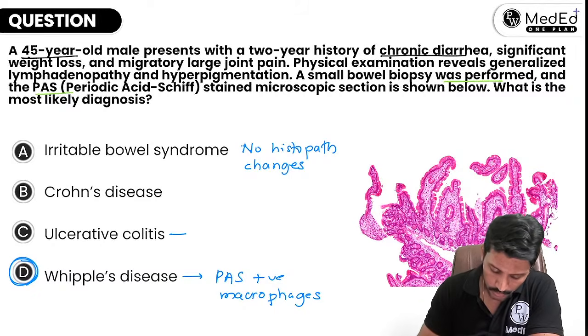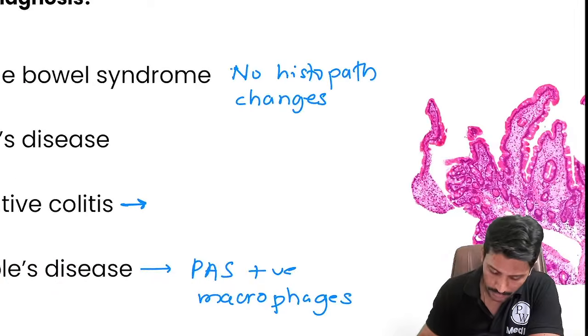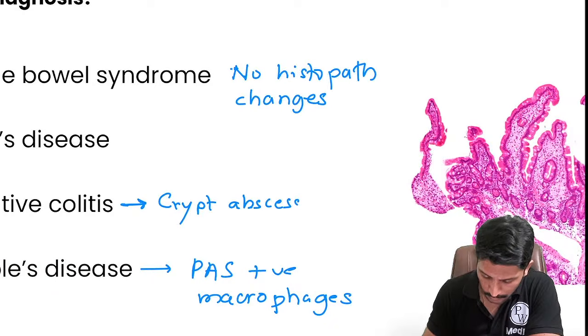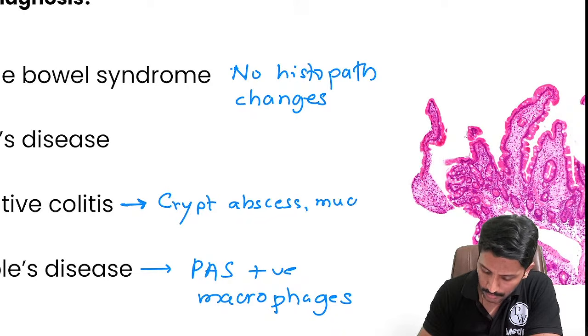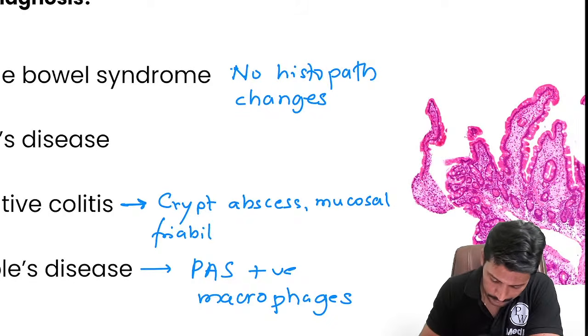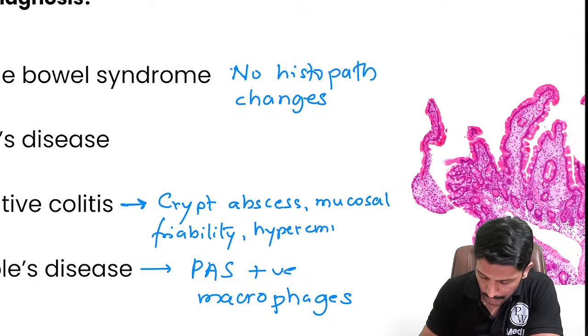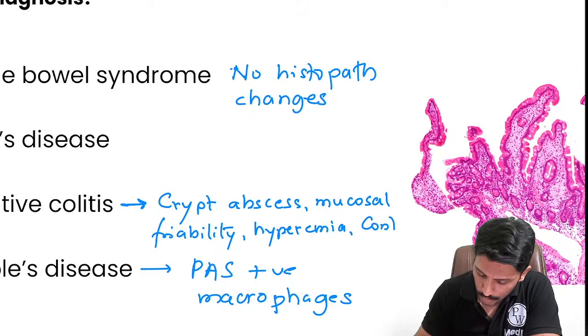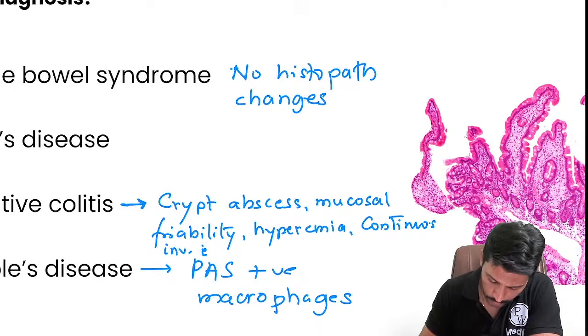Okay. So in ulcerative colitis, you will have crypt abscesses, mucosal friability. Mucosa will be very delicate, right? Hyperemia or redness of the mucosa, and you know that there will be continuous mucosal involvement without skip lesions.